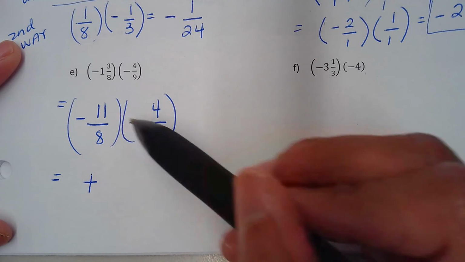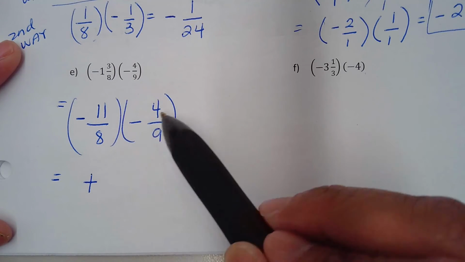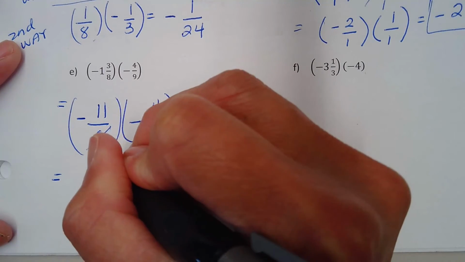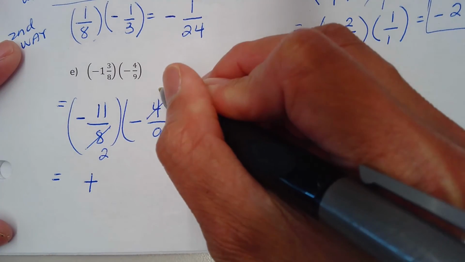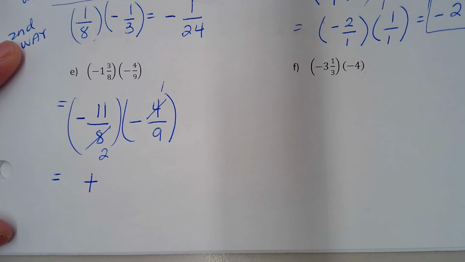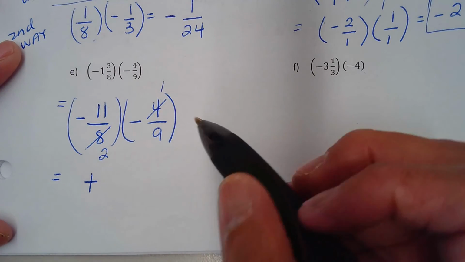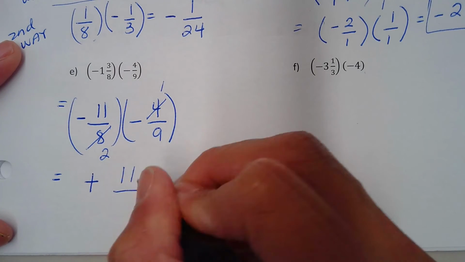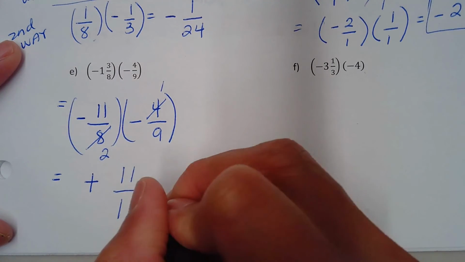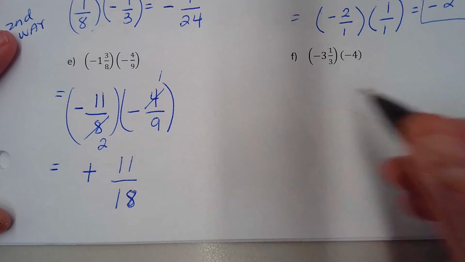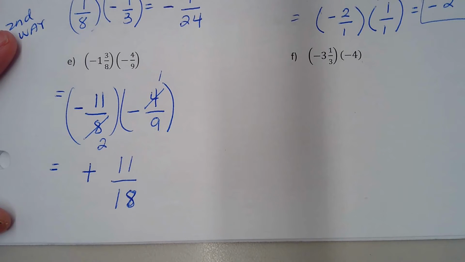No. Oh, but 8 and 4? Yes. So this reduces to 2, and the 4 reduces to 1, because both of those can be divided by 4. That becomes 11 times 1, 11. 2 times 9 is 18. So there you go, 11 eighteenths.